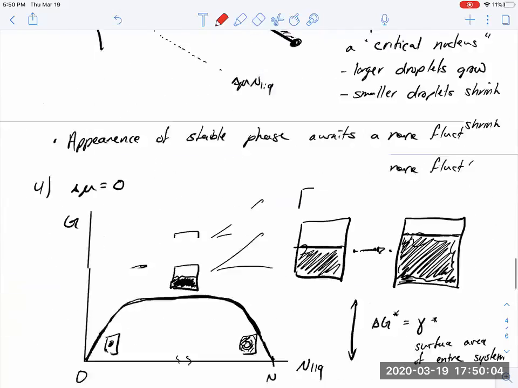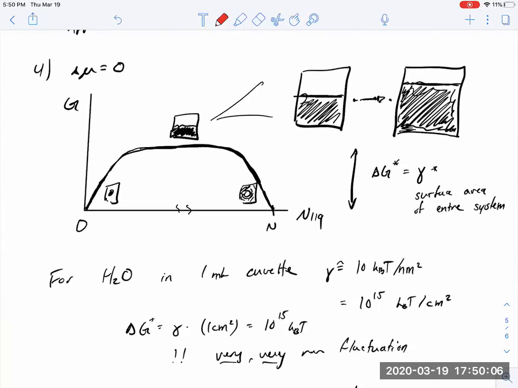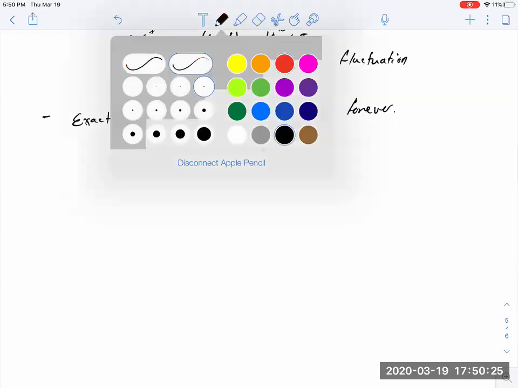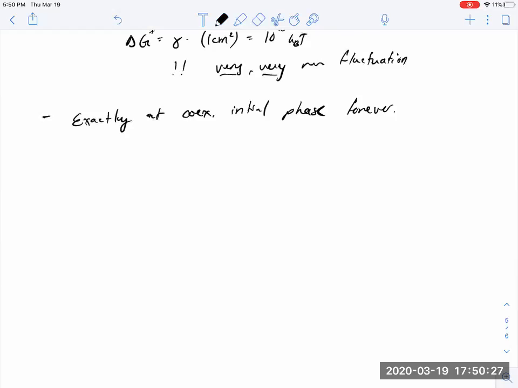And the reason why at coexistence we have to wait for such a long time is because we have to wait for a macroscopically large surface to be formed. So an interesting thought experiment one could imagine is, what if we weren't trying to nucleate a liquid, or consequently a vapor, in a macroscopic cuvette?